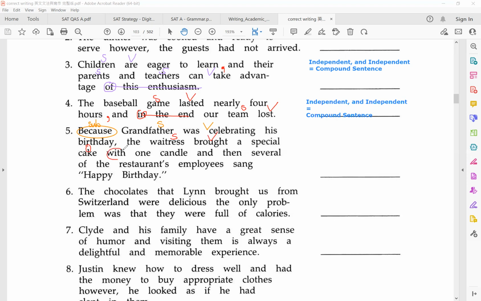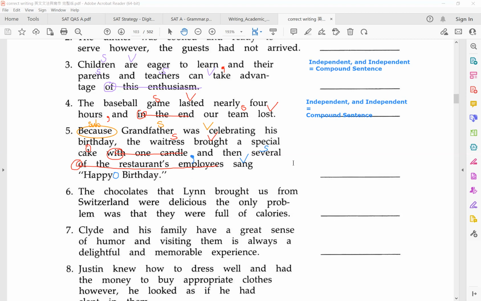Cross out our prepositional phrase with 1 candle. And then several, cross out of the restaurant's employees, saying happy birthday. So we have 3 clauses here because several sang happy birthday. So essentially, I have 2 complete sentences, so I need to add a comma before the and.